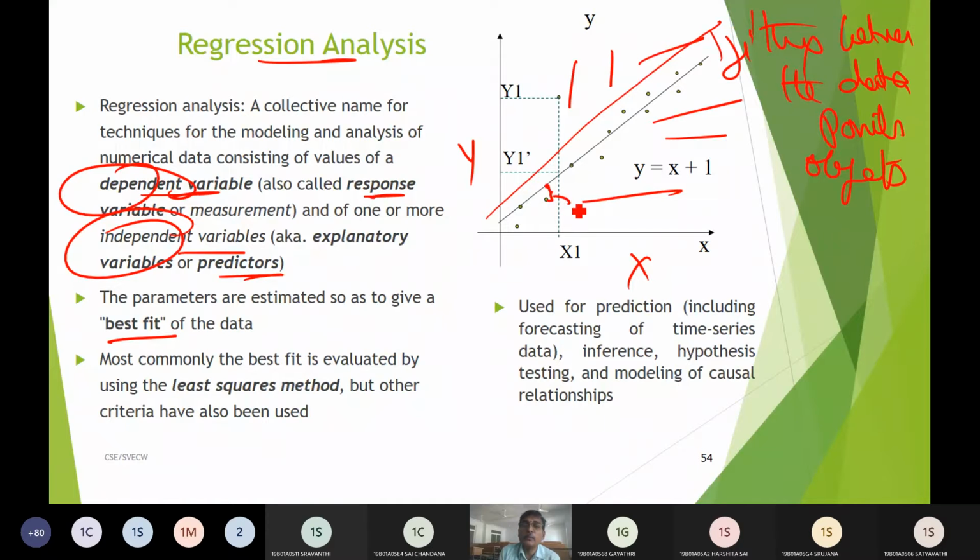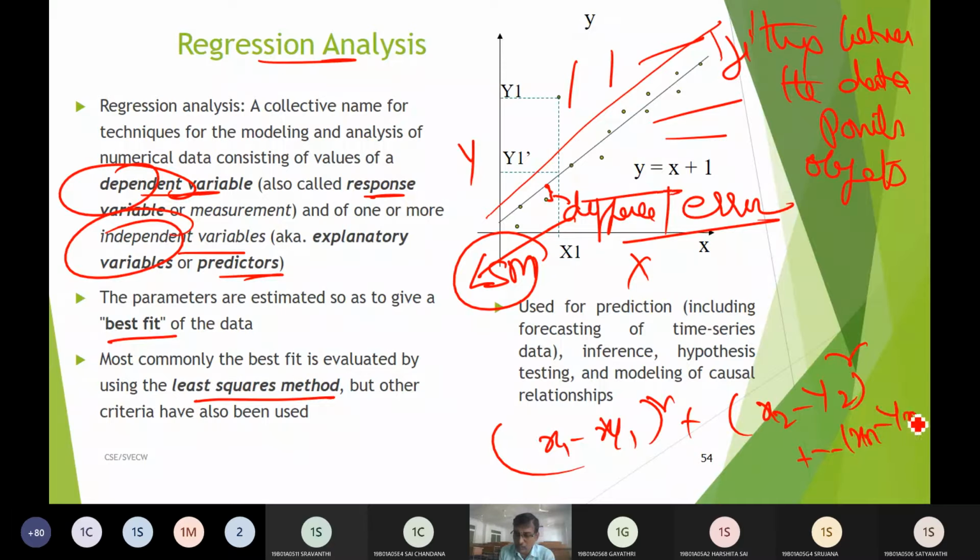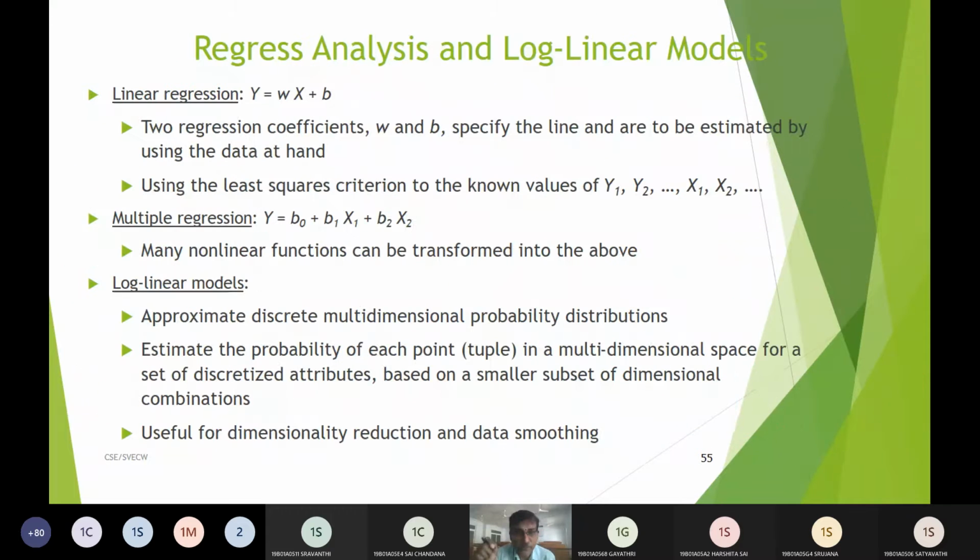Because we are going to compute the difference or the error. This difference or error we are going to compute with the least square method, that is (x1 minus y1) whole square plus (x2 minus y2) whole square, up to n value. We will compute the value and then we will be getting the minimal error at that point.